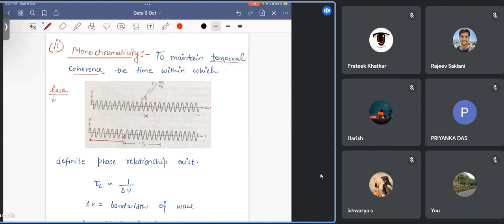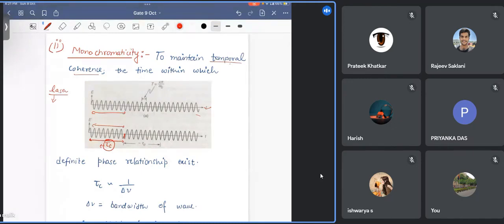Within this area the two waves have a phase relationship, but here you see a glitch, and due to this the phase relationship gets broken. The time up to which the phase relationship is maintained is known as the coherence time, and this is known as temporal coherence as well. It depends on the bandwidth of the source. If the source bandwidth is very narrow, as in the case of a laser, you will have very high temporal coherence. If it has a very wide bandwidth, the temporal coherence will reduce.